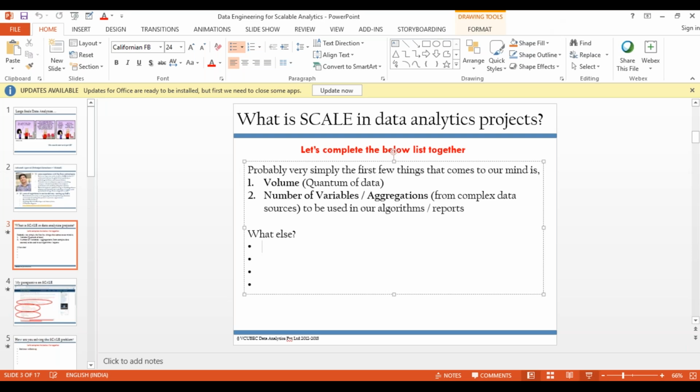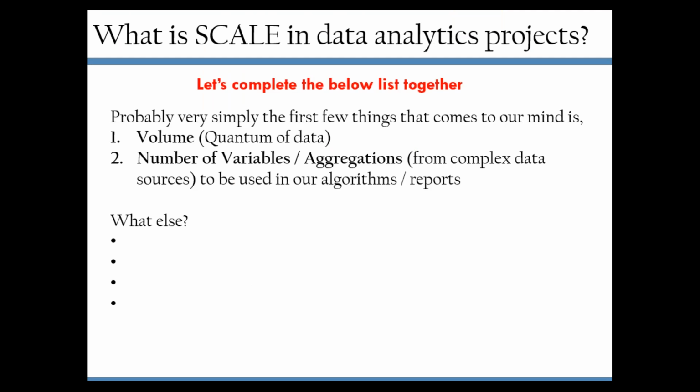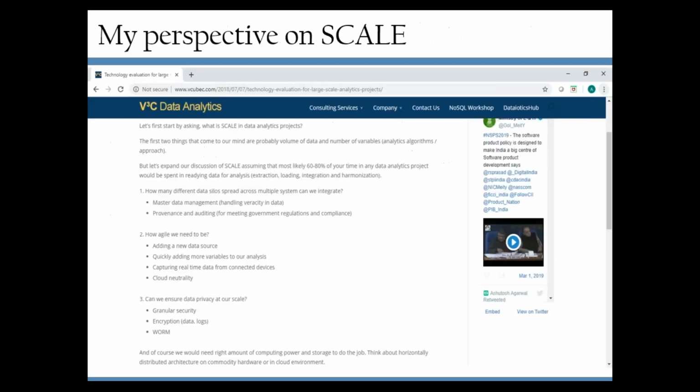Okay, so let me then define what my take on scalability is. This is my perspective on scale when you're working on any big data and analytics project. Both things go complementary, hand in hand. You can't do analytics without having the data framework for it.